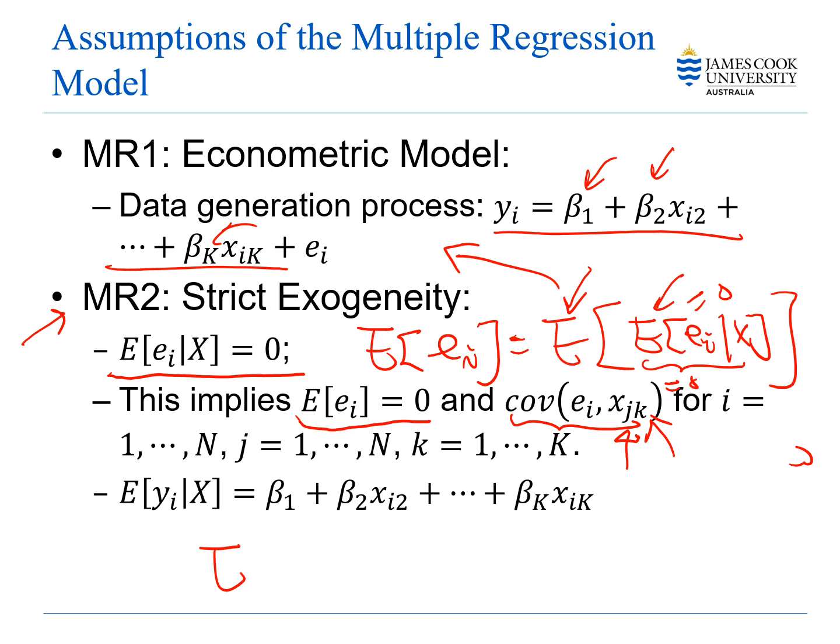So you can think that the expectation of ei xi is equal to 0, and this is a k by 1 vector. Again, this can be derived by the law of iterated expectation.